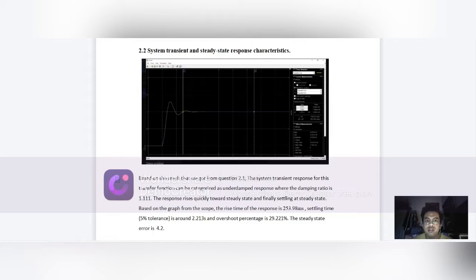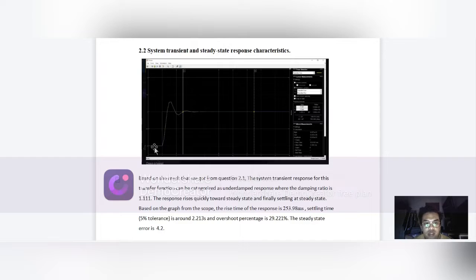The system transient response for this transfer function can be categorized as underdamped. The damping ratio is 1.111. So the response rises quickly towards steady state and finally settles at steady state.